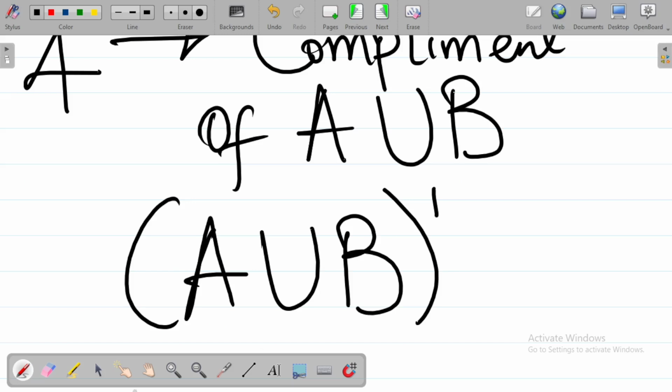So the fourth space is called the complement of A union B.